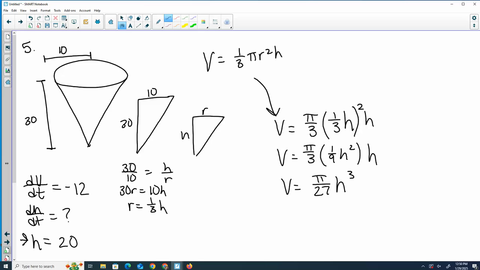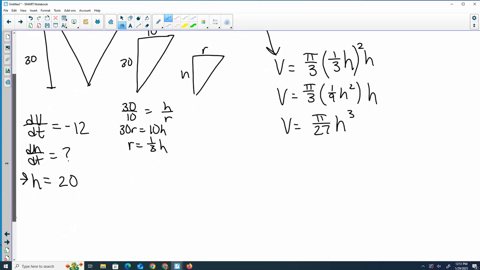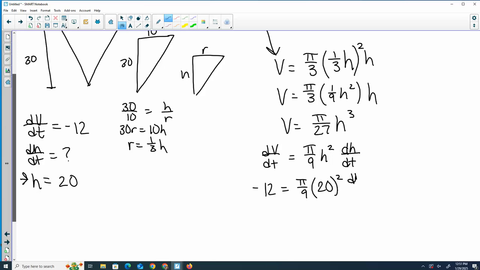So now, if I do the derivative of V, it would be dV/dt. Pi over 27 times 3 would be pi over 9 h squared dh/dt. dV/dt is negative 12. h is 20. 20 squared is 400.